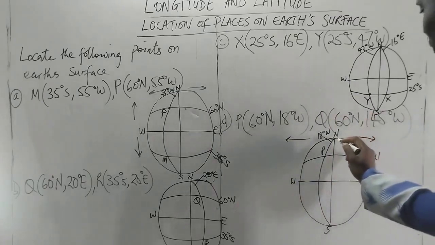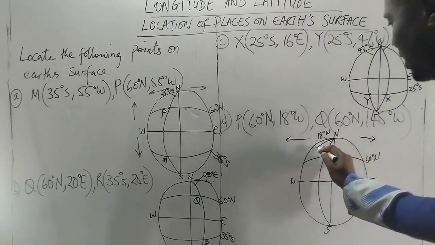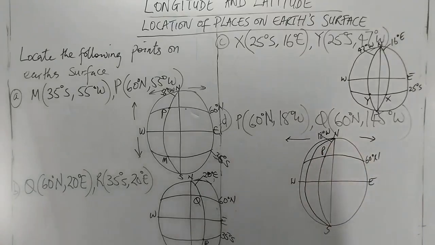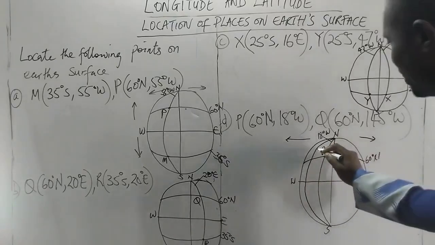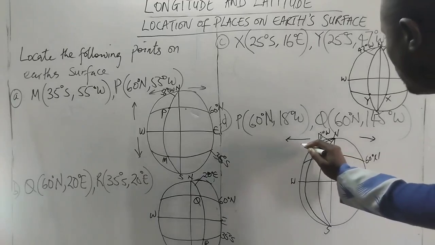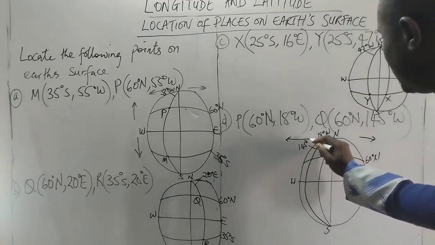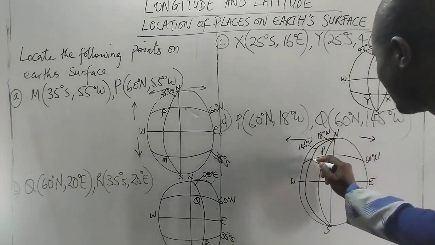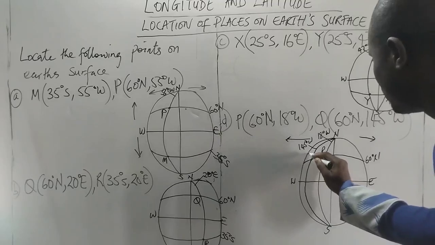So the 145 line should be close to the west pole. You also label it 145 degrees west, and where the two lines meet here becomes your Q.